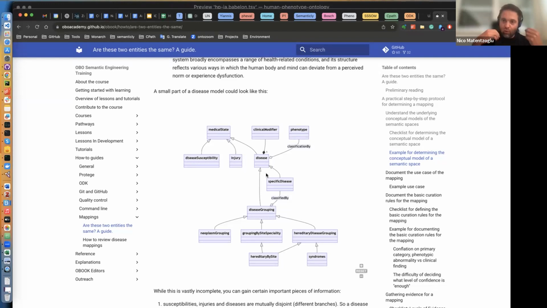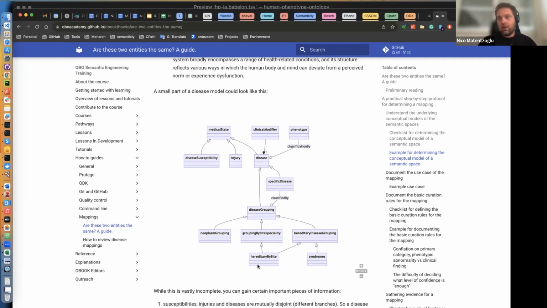This is one important piece of information for the conceptual model, because there may be another kind of ontology that puts them all into the diseases branch and interlinks them together. We have specific diseases and disease groupings, so there's a distinction between those. You can also see down here there are diseases that are grouped by site and diseases that are grouped by, for example, heredity.